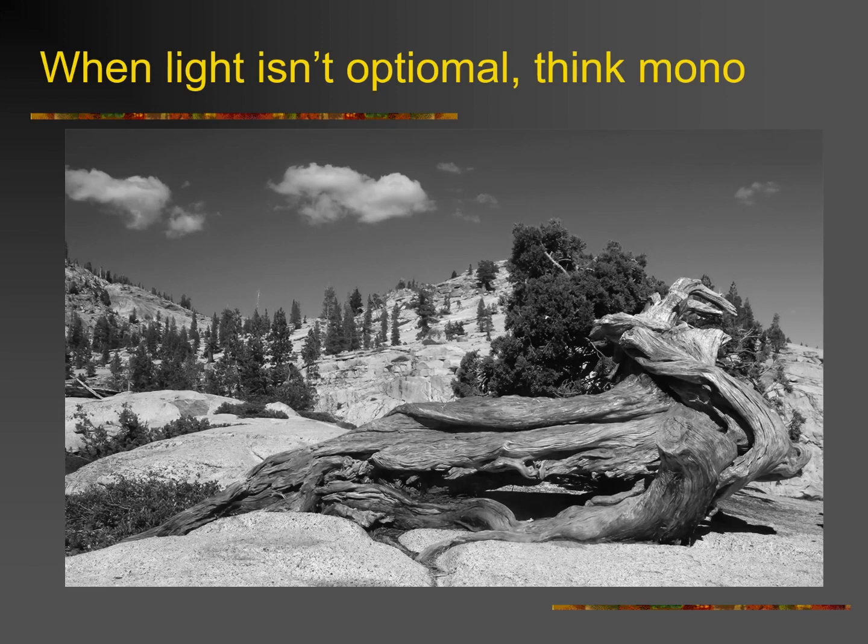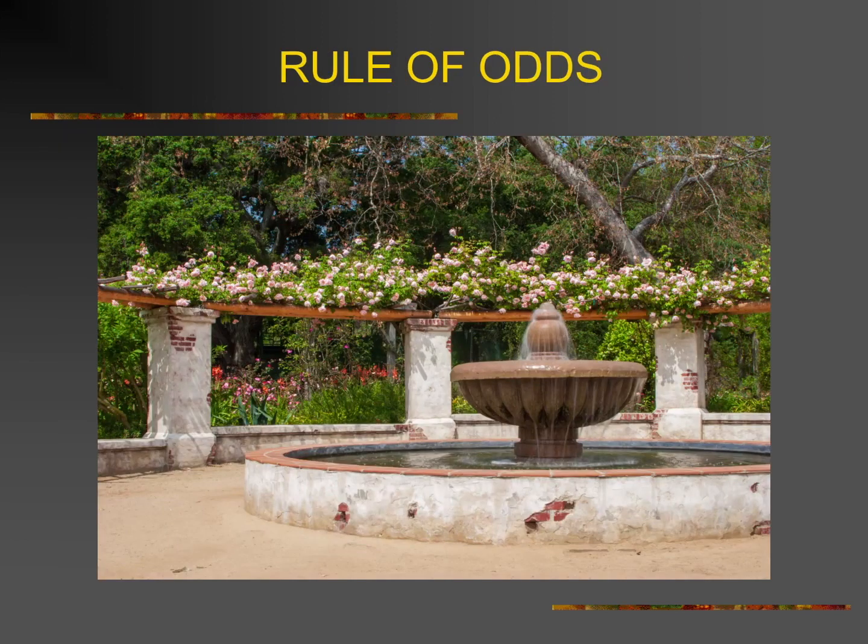In this case, this tree stump, or actually a tree in the upper area of Yosemite, where it was absolutely midday, and while the color image really wasn't bad, converting it to mono really helped bring out the drama of the shape, texture, lines in both the tree and the foreground rocks and background sky.